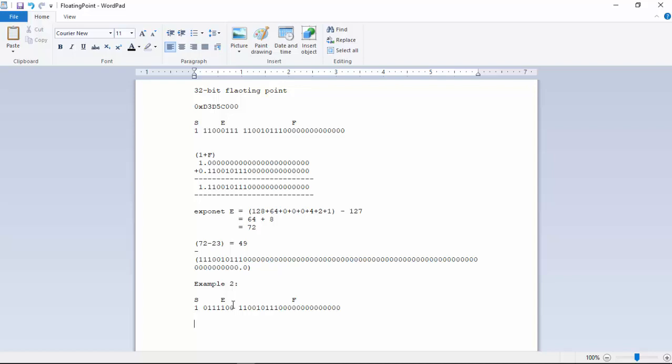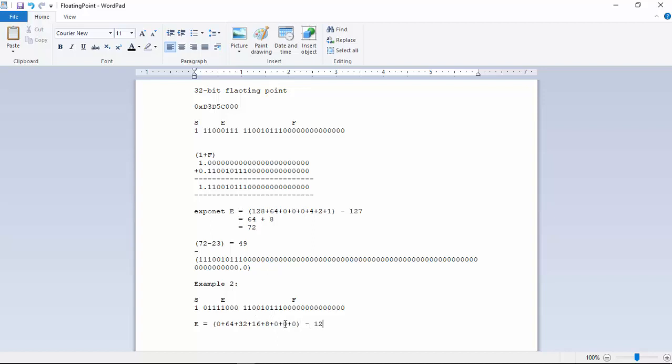Okay, so in this case my exponent will be something like 64 plus 32 plus 16, 8, 4-bit, 2-bit. Oh, we are missing one here, right? Okay, now it makes sense: 64, 32, 16, 8, then 0 plus 0 plus 0.